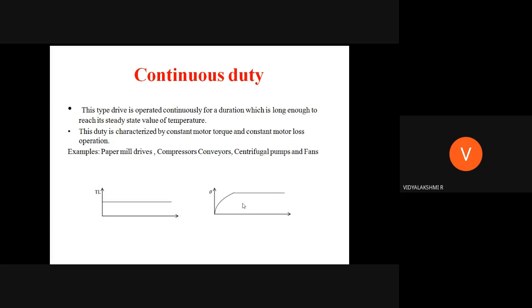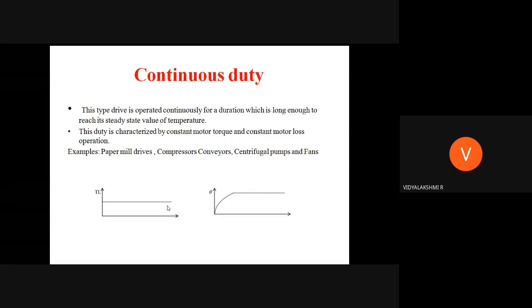Looking at the theta graph, the temperature rise graph, the machine will run at a steady state temperature, because it will be at constant temperature. In the same way, here it is constant speed. Most motors can use continuous duty operation only. For example, paper mill drive, compressor, conveyor and centrifugal pumps use this type of continuous duty.